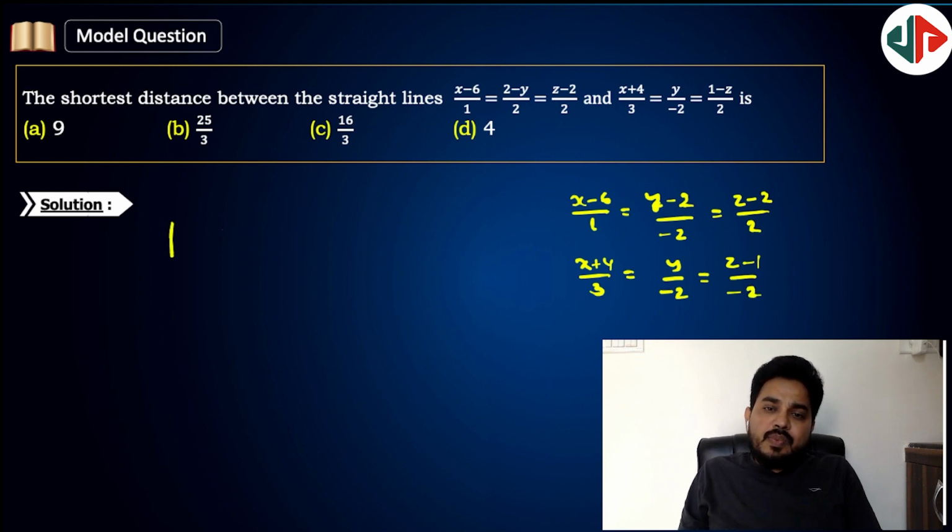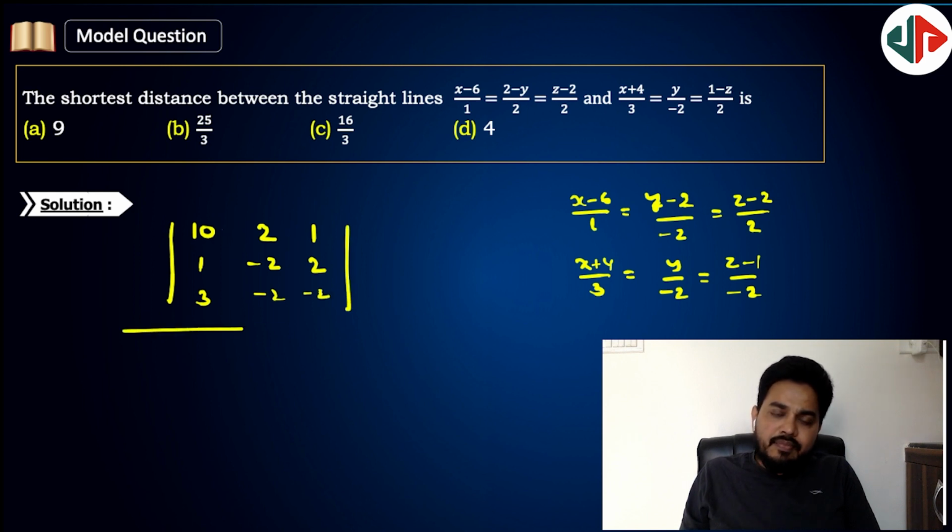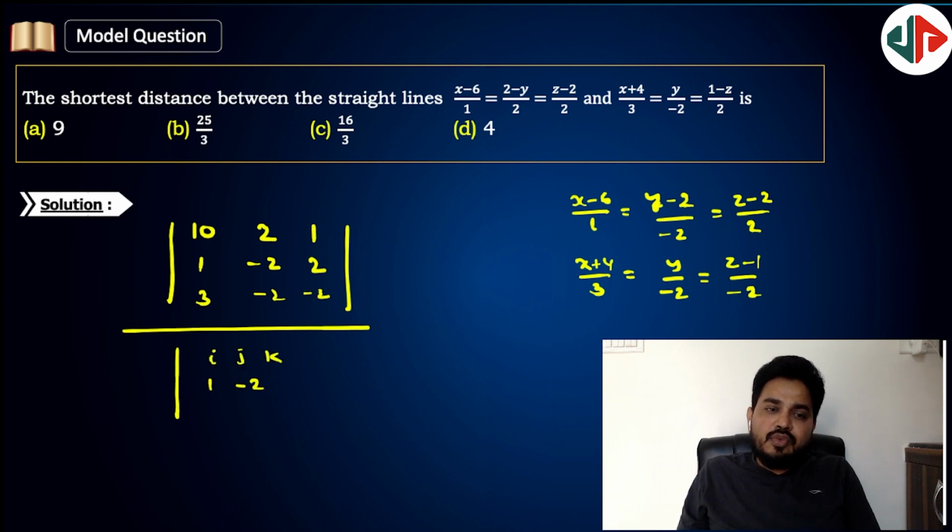So this value is 6 minus of minus 10, 2 only, and 2 minus 1, 1, and you write 1 minus 2, 2, 3 minus 2 minus 2 by the modulus of i j k, 1 minus 2, 2, 3 minus 2 minus 2. You have to solve this determinant to get the answer.